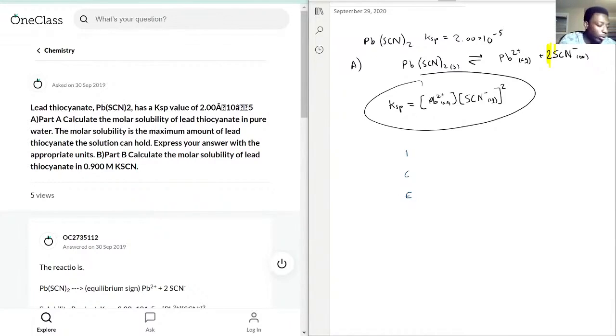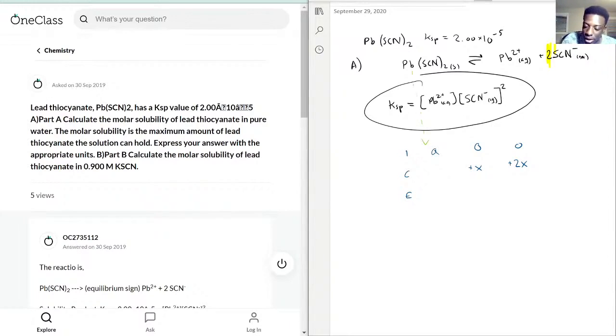We don't really know how much we started with, but in this case it doesn't really matter because we're only focusing on the aqueous solutions being produced, because this is how we find our molar solubility. So it starts off with 0, and the change is going to be plus x, well actually plus 2x. Let's just say the initial is a for the Pb(SCN)2, because based on this formula we don't need it.